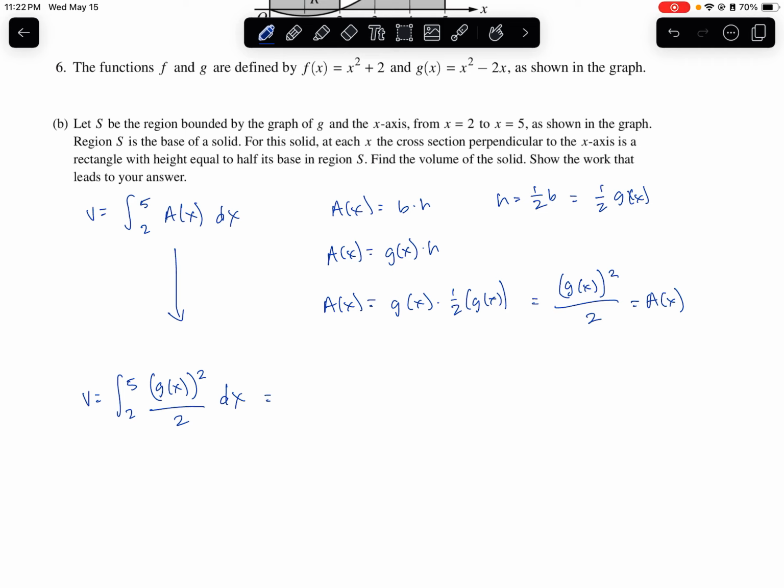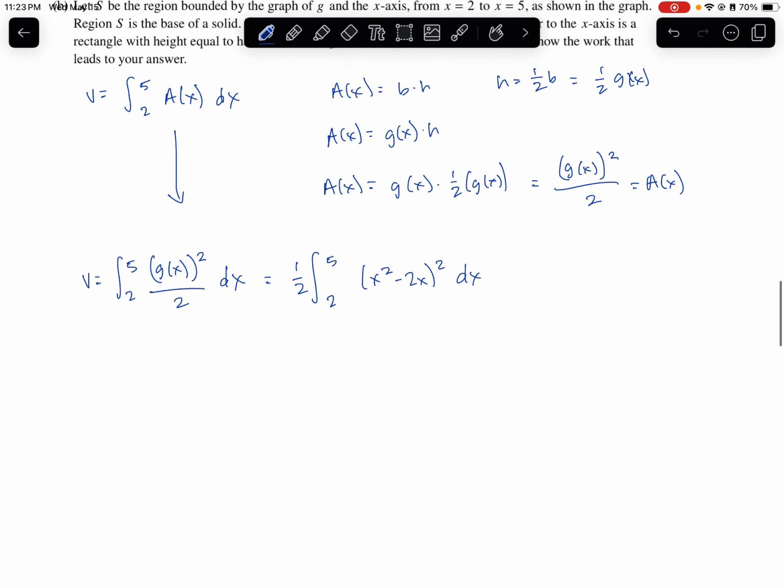Since I am actually evaluating this integral right here, we'll do the integral from 2 to 5, and g of x, which is x squared minus 2x, squared. I'm going to take out the 1/2. I'm going to put that outside here. dx right there. And then let's go ahead and expand this right here. So x squared minus 2x, I'm just going to do some scribble work right here.